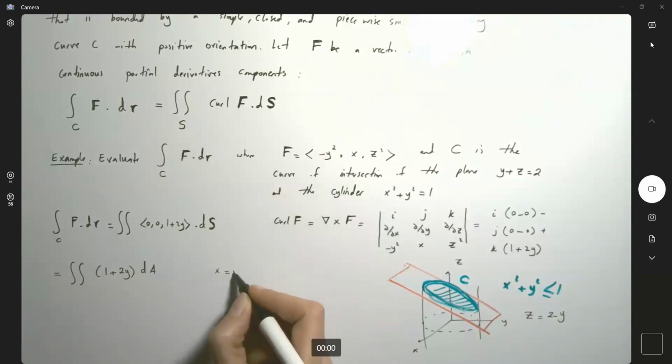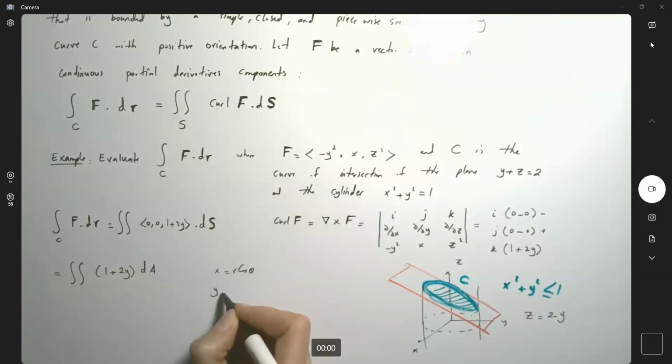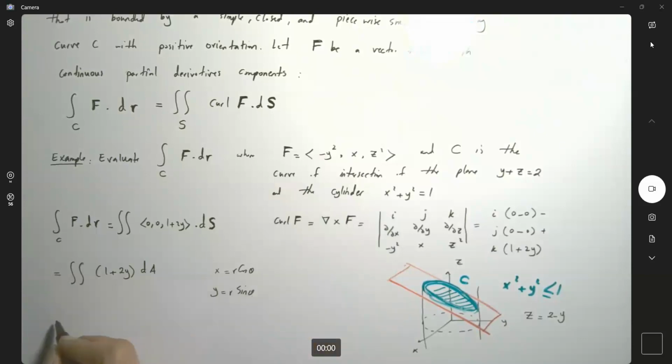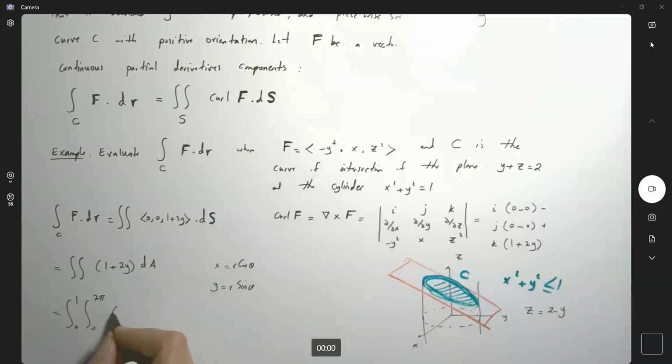Well, here you can use, for example, converting to polar form. You can say that x is r cosine theta, y is r sine theta, and this becomes the integral 0 to 2 pi, 0 to 1, of 1 plus 2r sine theta, and here you have r dr d theta, or you can switch between these two. That's not important, and eventually do the computation either way.